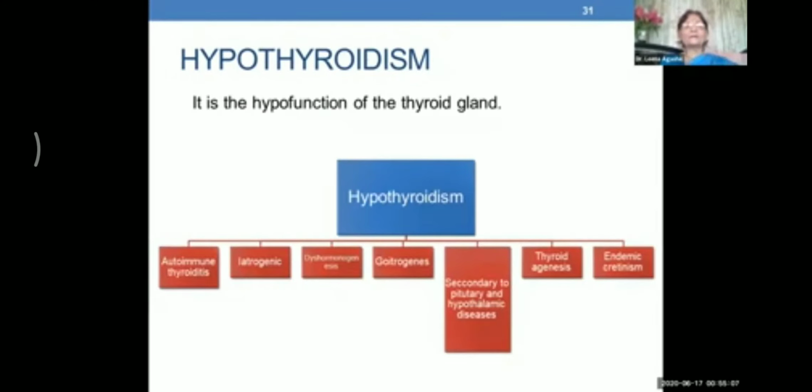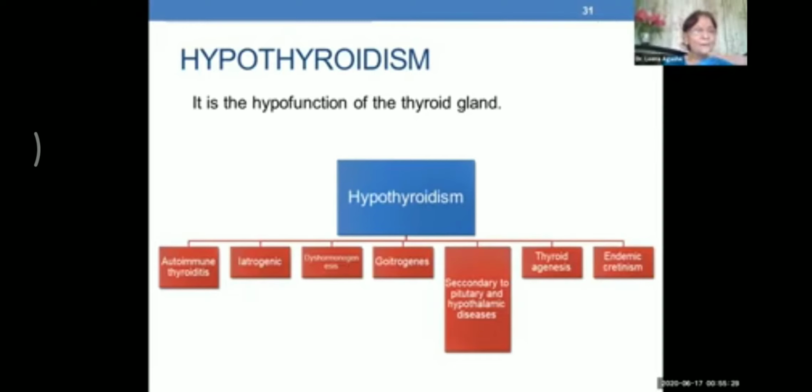Let us see what is hypothyroidism. It is the hypofunction of the thyroid gland. There are two varieties. One is a severe variety of hypothyroidism, and second variety is what you very commonly see clinically, a milder variety of hypothyroidism.